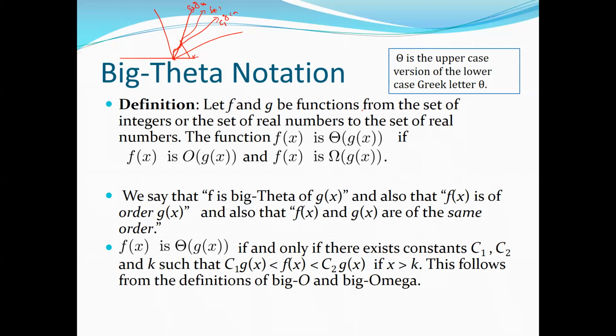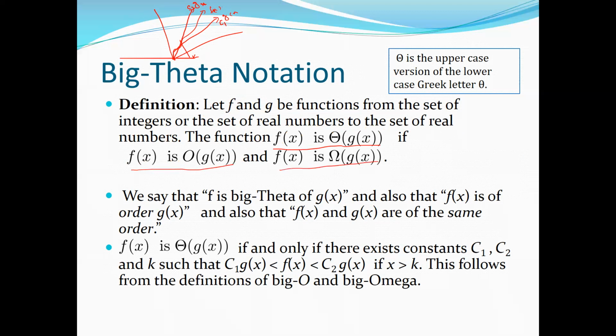If f and g are functions from the set of integers or the set of real numbers to the set of real numbers, the function f of x is theta of g of x if and only if f of x is big O of g of x and f of x is big omega of g of x.